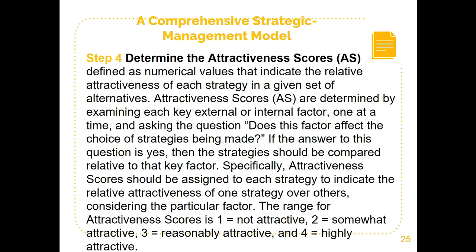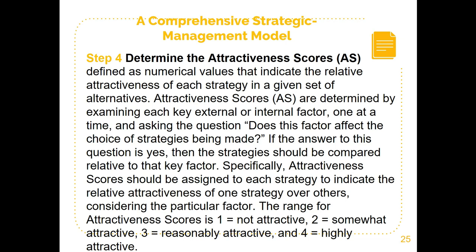So one at a time, ask the question: does this factor affect the choice of strategies being made? If the answer to this question is yes, then the strategies should be compared relative to the key factor.